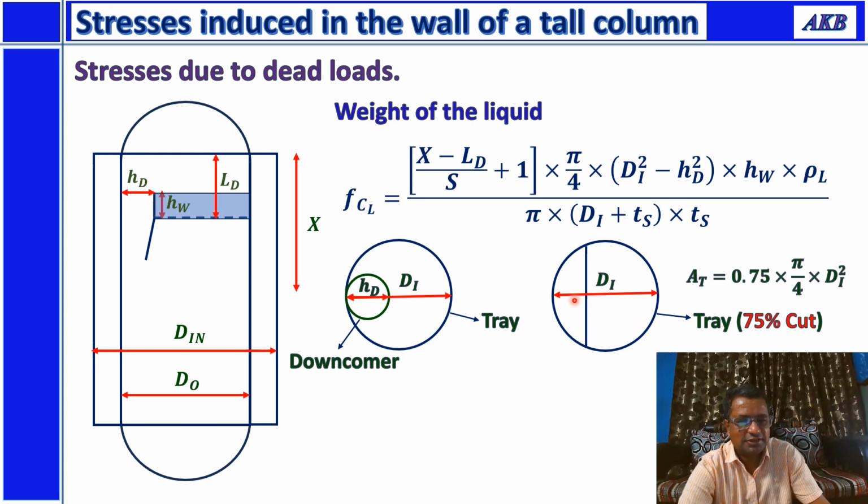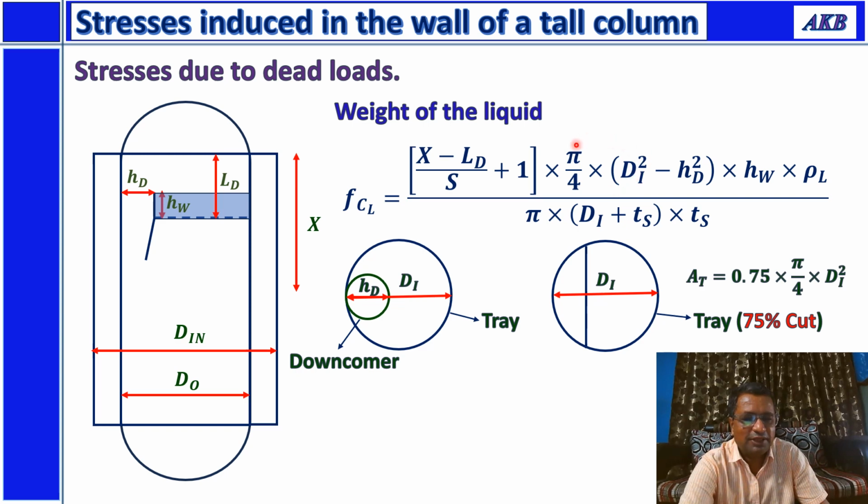In this case, you can calculate the tray area by using this equation. So this area will be 0.75 into pi by 4 di square. That is, tray area will be 75% of this area. In this case, how to get the area that will be available for holding the liquid?